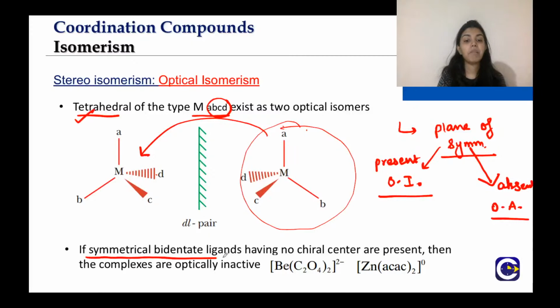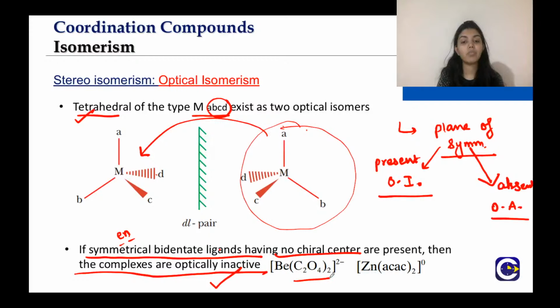If symmetrical bidentate ligands are present, symmetrical bidentate like ethylenediamine, or oxalate, or acetylacetonate, right? If there is a symmetrical bidentate ligand in which no chiral center is present, then the complexes are optically inactive. For example, let us say that we are having beryllium oxalate.